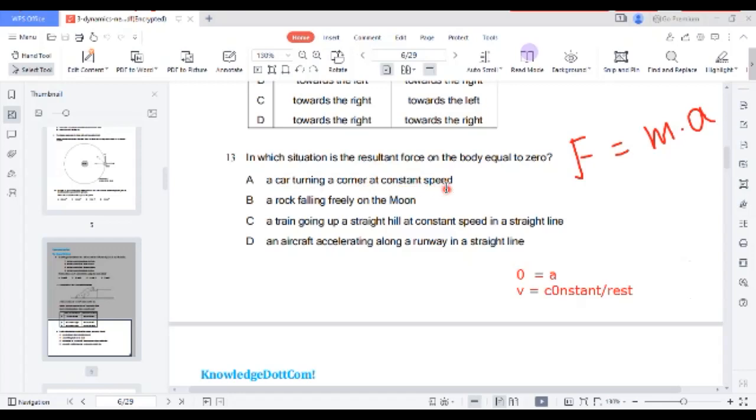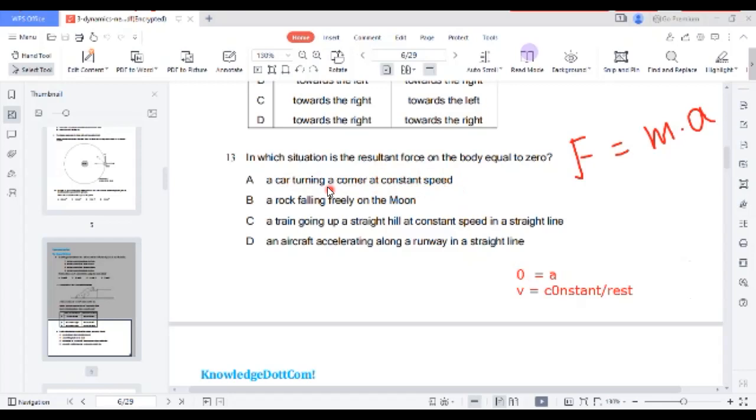Speed is constant, but when it is turning, its direction changes. Like the magnitude, it's not the velocity, it's speed. So there is a difference. For acceleration it should be velocity.